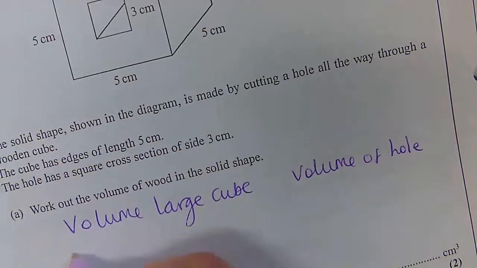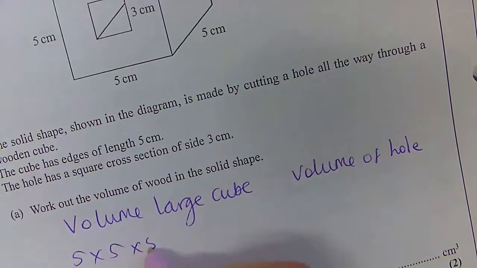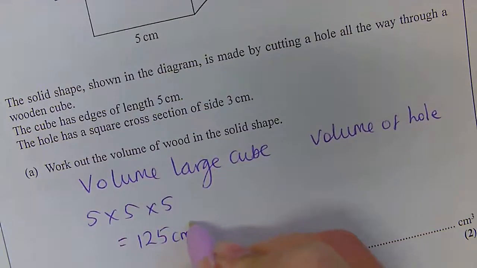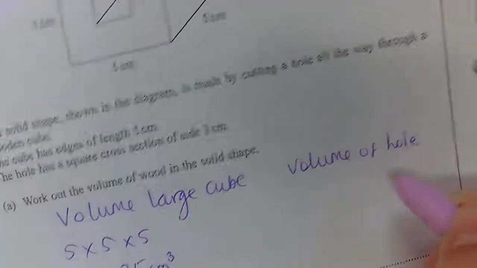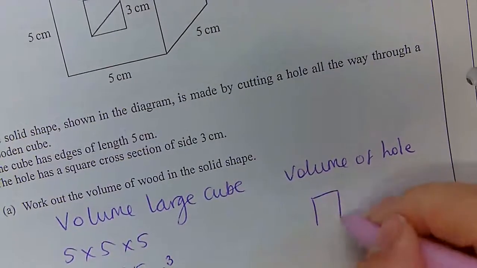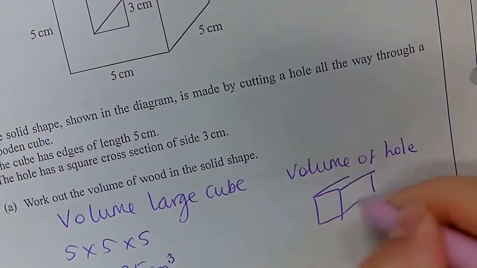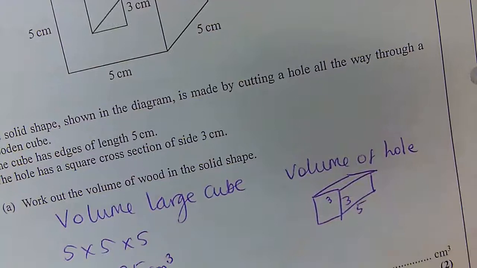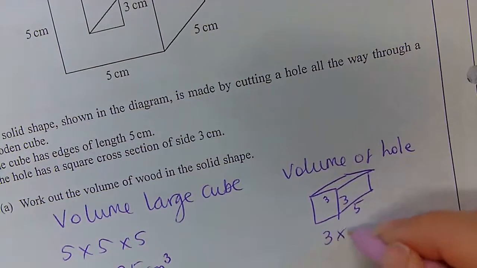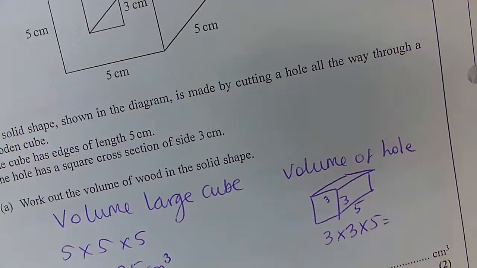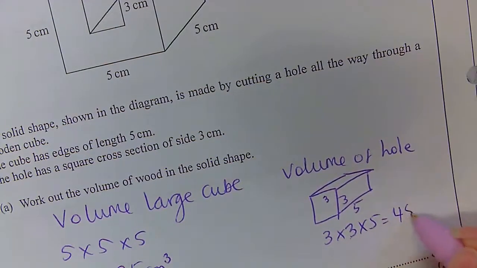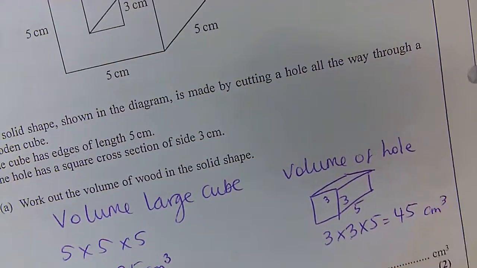Okay, so the volume of the large cube is 5 times 5 times 5, which you should know without a calculator is 125 centimetres cubed. My volume of the hole, well, we've got a little cuboid, if you think about it. It's not 3 times 3 times 3. It's 3 times 3 times 5. 3 times 3 is 9. 9 times 5 is 45 centimetres cubed.